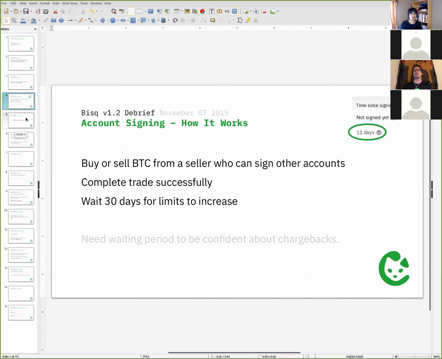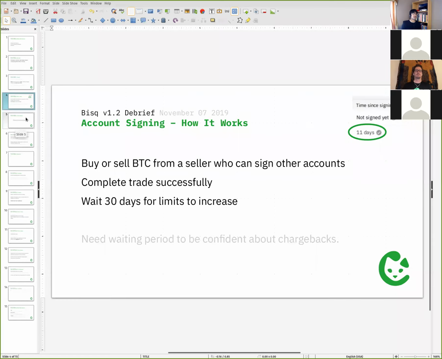Just for you personally, to be more on the safe side, and also not to sign any accounts that might be stolen bank accounts that create chargebacks, and then we just have to block the signed accounts and everyone who got signed by this account. Yeah. So it's just advised, if you're trading with someone who is not signed and you are the seller, just wait as long as possible within the trading limit and before you confirm the payment received.